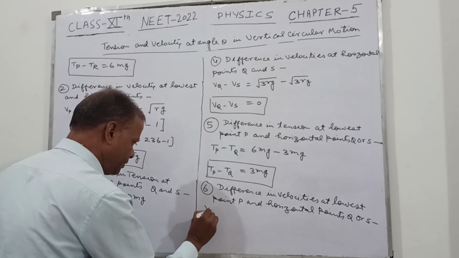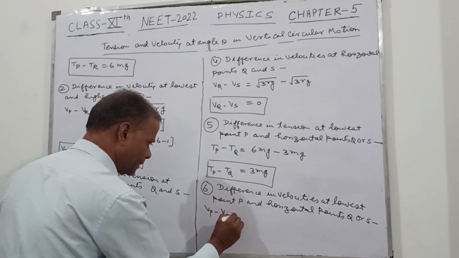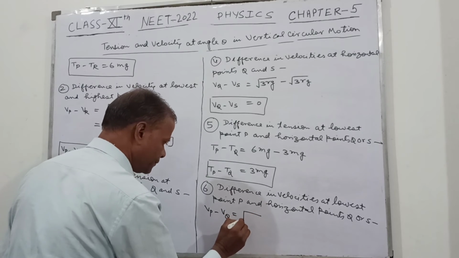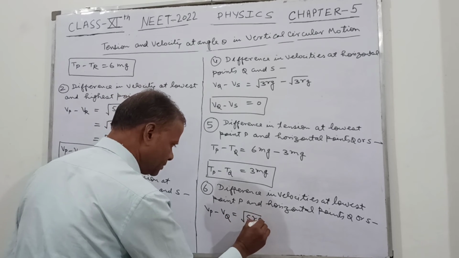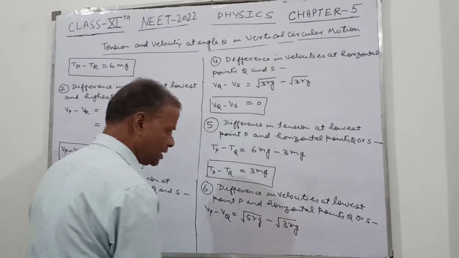This is now VP minus VQ, which is equal to square root of 5RG minus square root of 3RG.